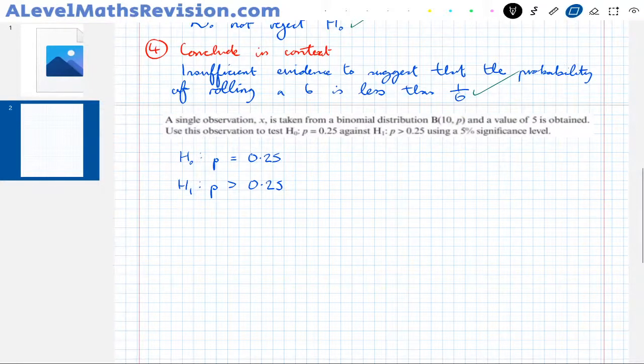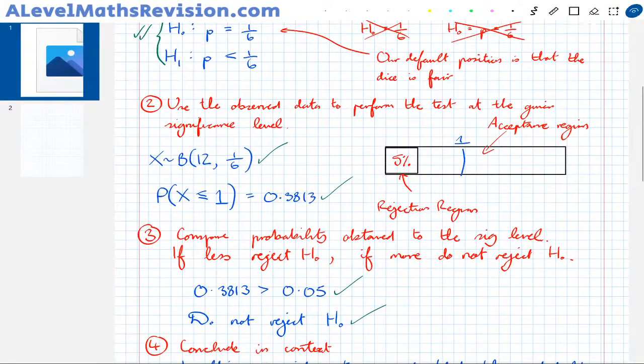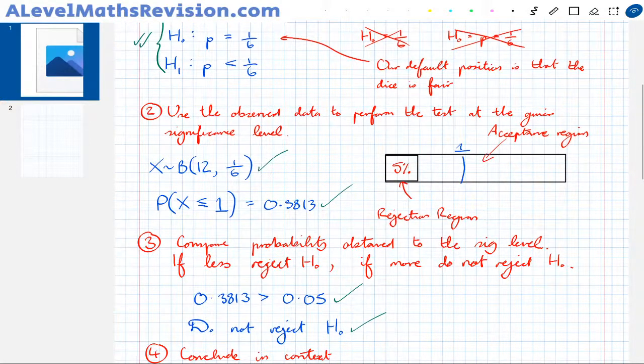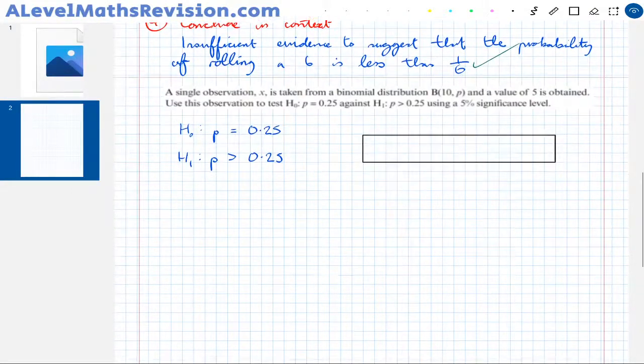So let's draw my little probability box. And notice, before, on this one, we were testing for a decrease. We thought the probability was less than a sixth. So the 5% that we're rejecting was on the bottom, on the less than side. This time here, we're testing for an increase. We think that it's actually bigger. So what we're going to do this time is test on the right-hand side.